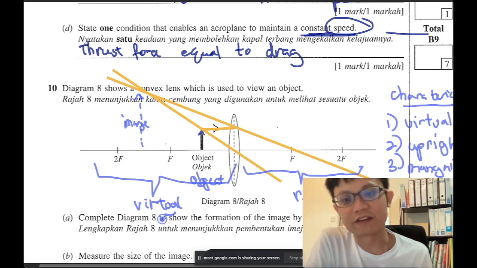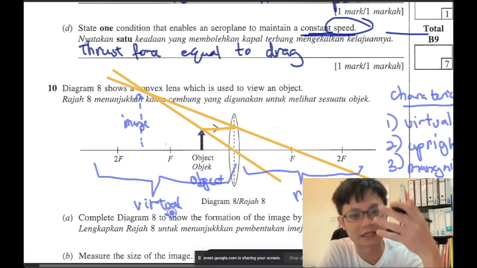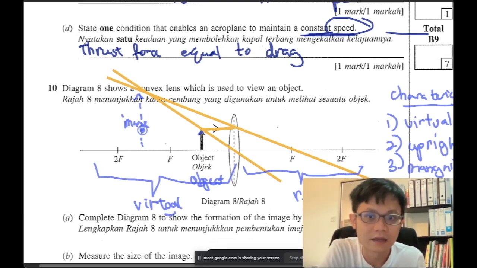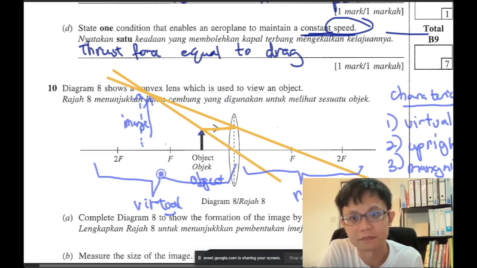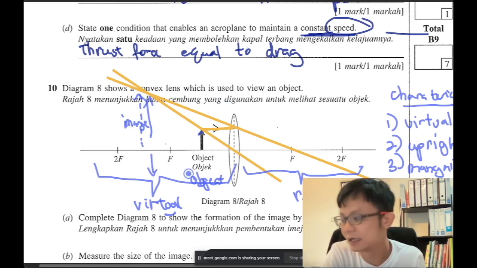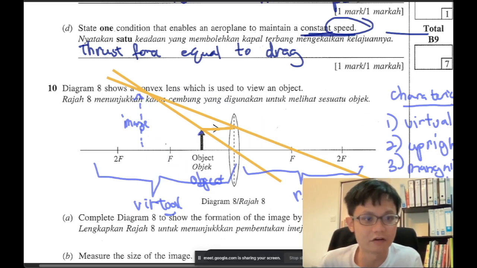One of the easiest definitions of virtual is that the image is not on the screen. The image is upright because we can see it going up. If it went down, the image would be inverted. For the size, it is bigger, or you can say it is magnified.